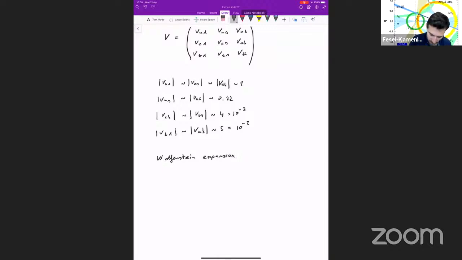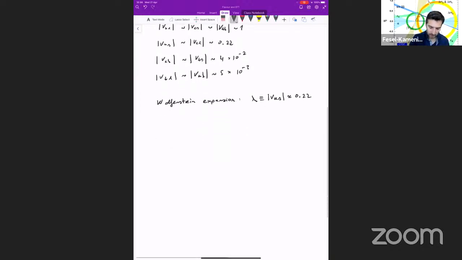It is an expansion in a single parameter, conventionally denoted lambda, defined as the modulus of the VUS matrix element, so roughly 0.22.